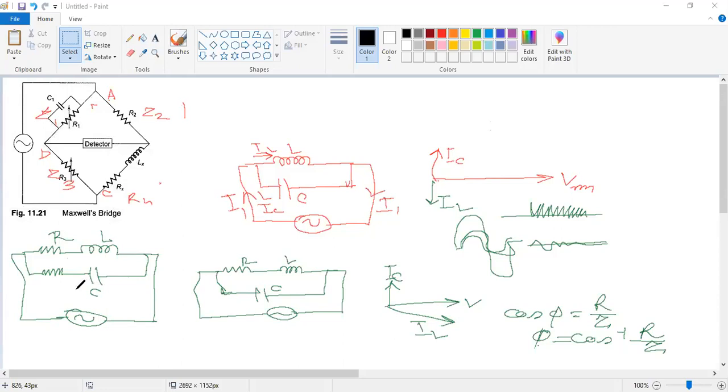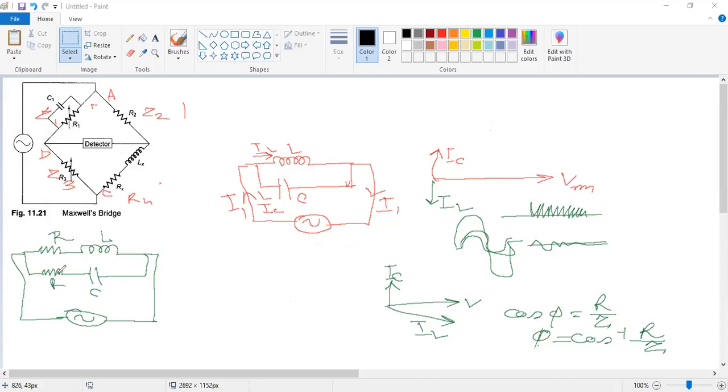This is R. Then what will be the phasor diagram? Please tell me, anyone. I think you got the idea. Look, if R is with the inductance, then it will not be perfectly 90-degree.